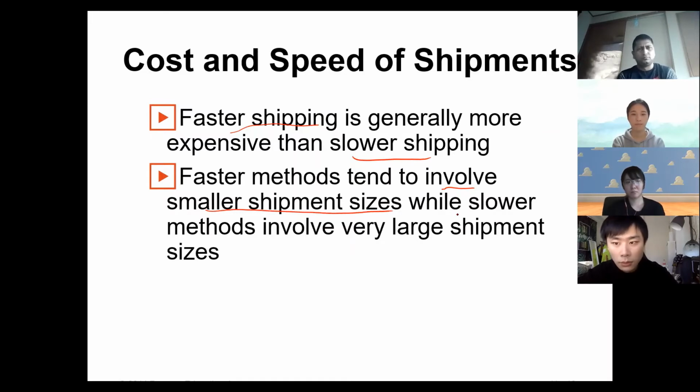There are cases of container ships which sank into the ocean because the stacks of containers are huge, involving very large shipments. Obviously, it's going to be slower because of the speed of the transport. So there is a relationship between cost and speed of shipments. For example, air freight is costlier than sea transport. So those are the arrangements.